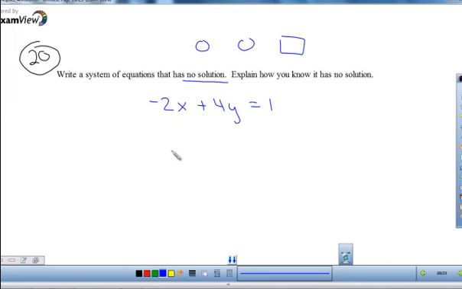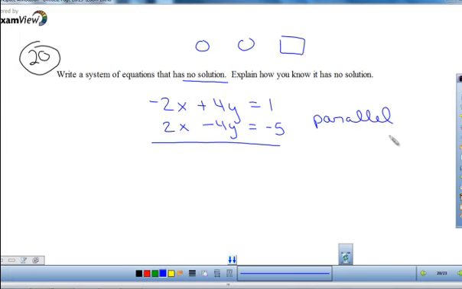So remember, I need 0, 0, a number. So I'm going to write 2x minus 4y equals negative 5. Okay, that's an example of a system of equations that has no solution. And the reason they have no solution is because these two lines are parallel.